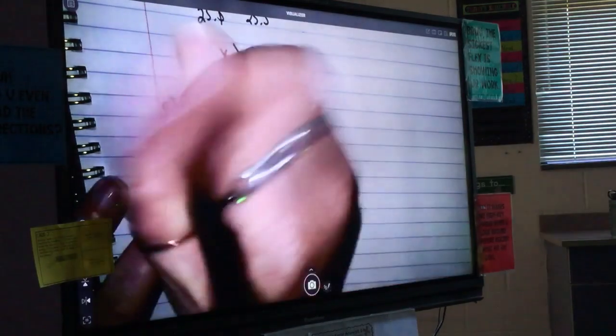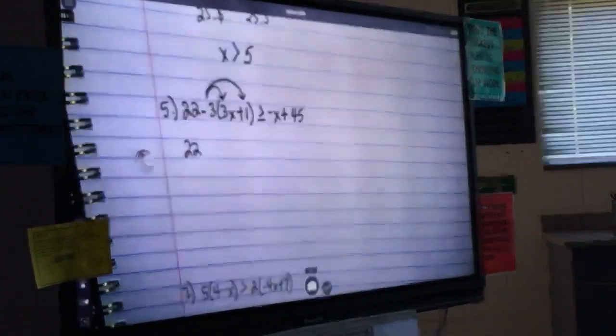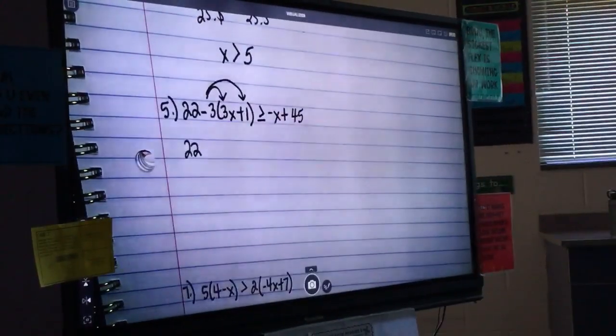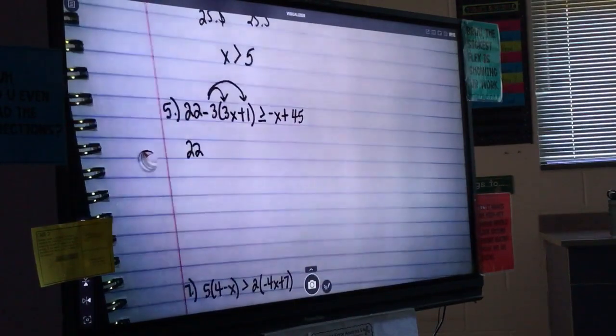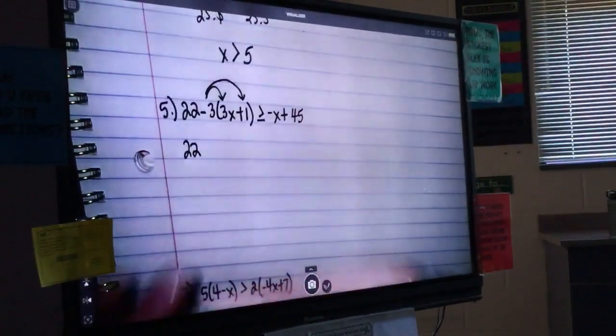All right, I'm going to bring my 22 down. Now, I'm distributing my -3. So -3 times 3 is going to give me what? Raise your hand. -3 times 3. Jeffrey? -9x.